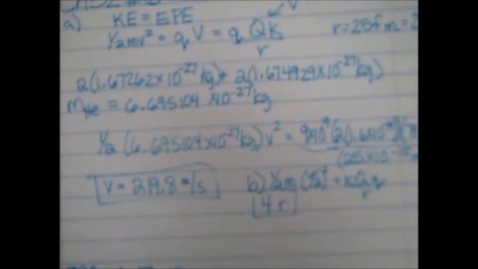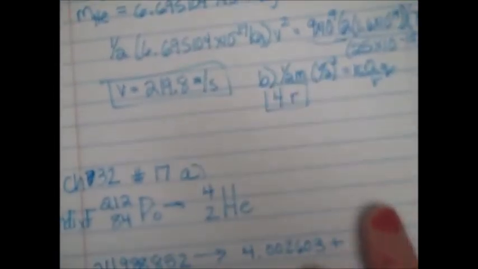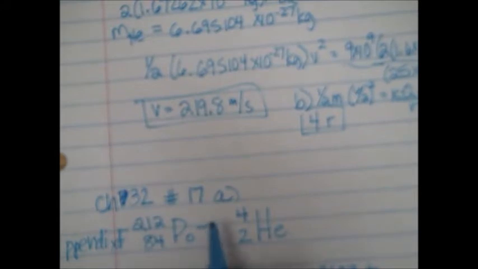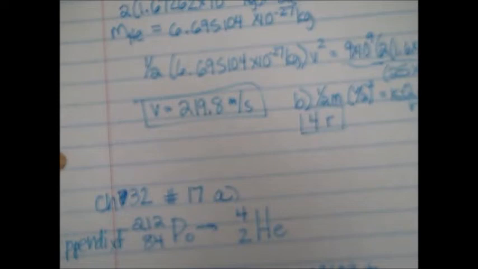The second problem I wanted to look at was from chapter 32, number 17. And here we've got a reaction. Just as a heads up, I use Appendix F in your textbook to get some of the numbers here, and we're going to even check that out. For number 17, I'll just do part A, because part B you guys can try on your own.